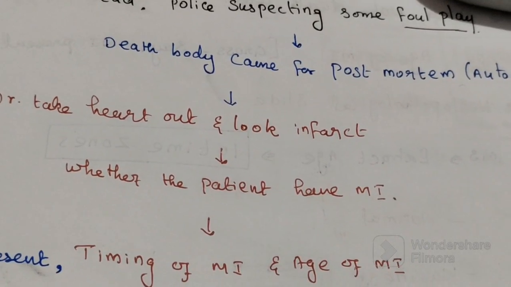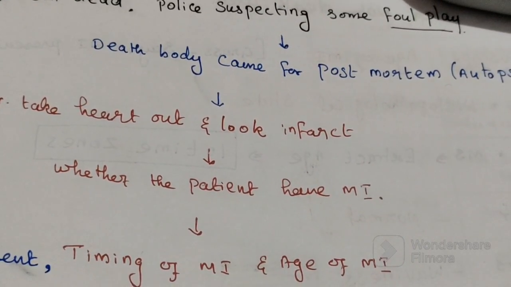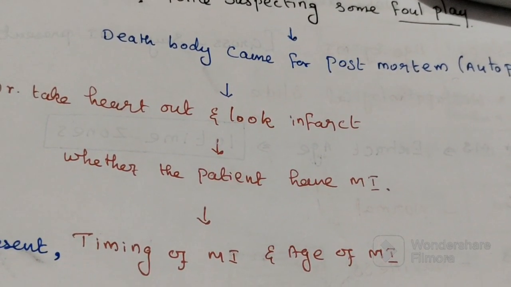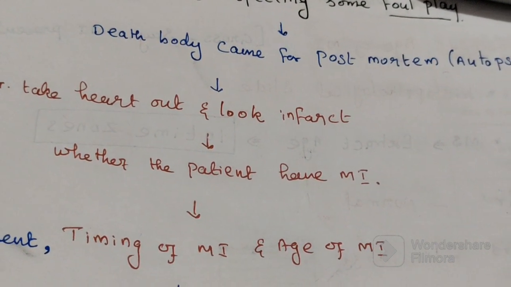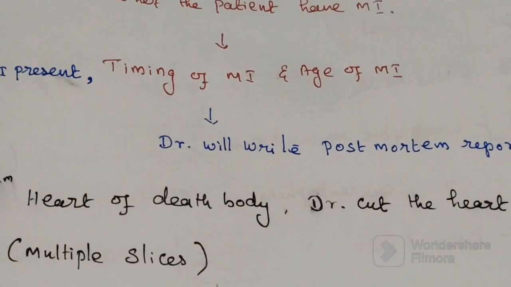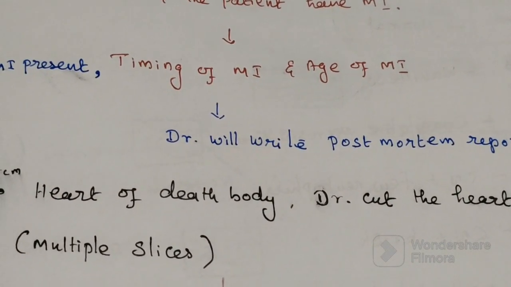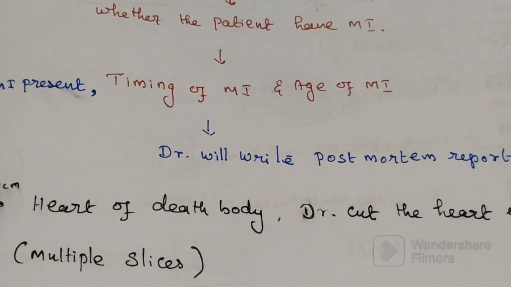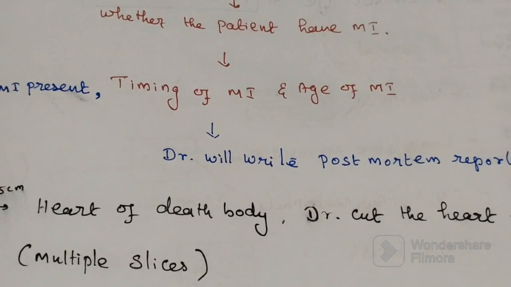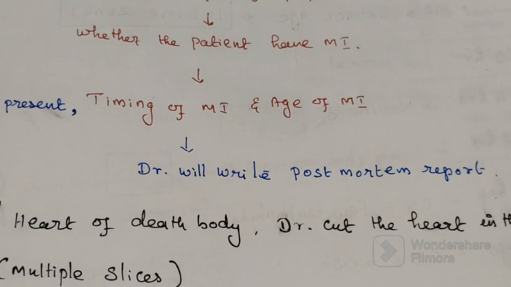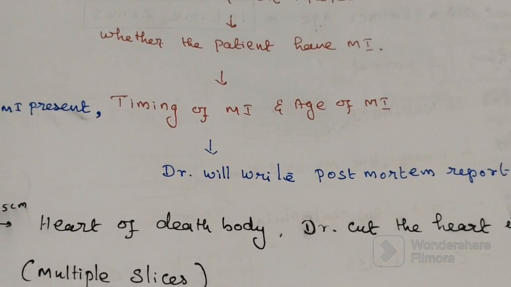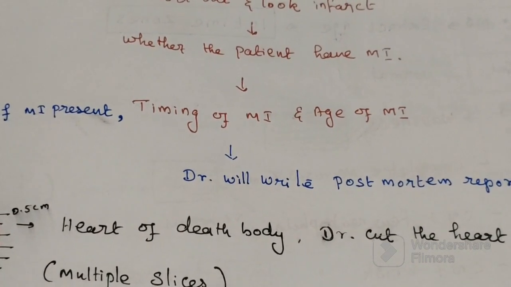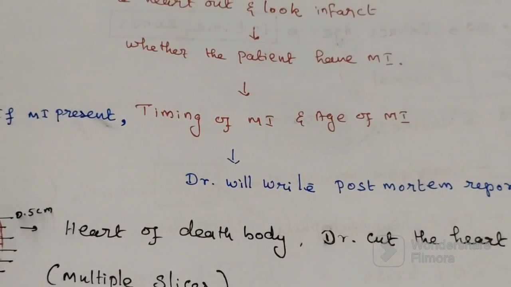If the timing of MI correlates with the death of the patient, we'll say that the cause of death is MI. If MI is present, what is the age of MI? So in postmortem, the doctor wants to answer 2 questions for the police: if MI is present, what is the age and the timing of MI?